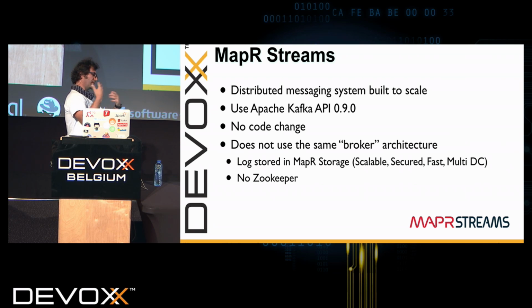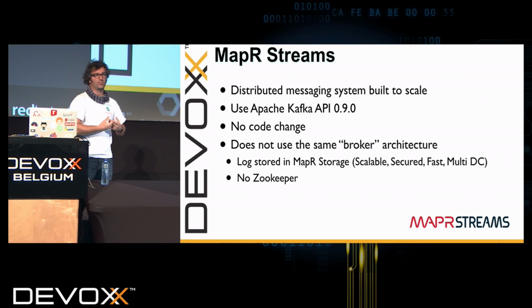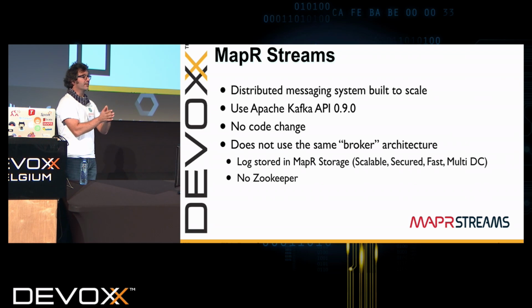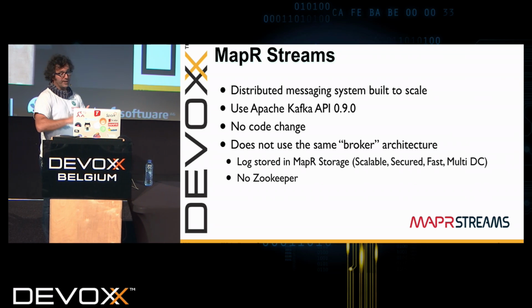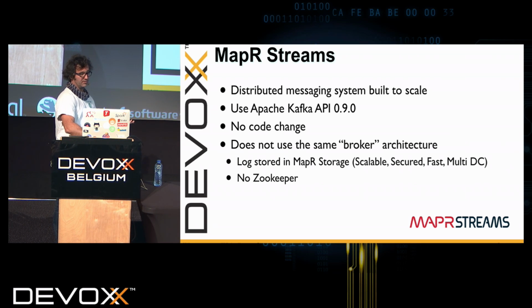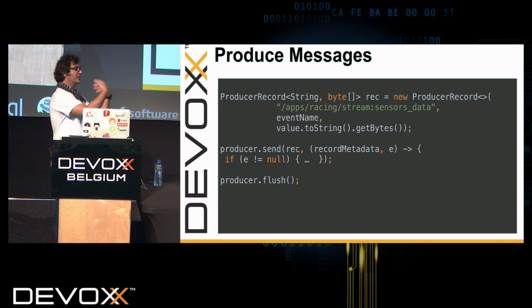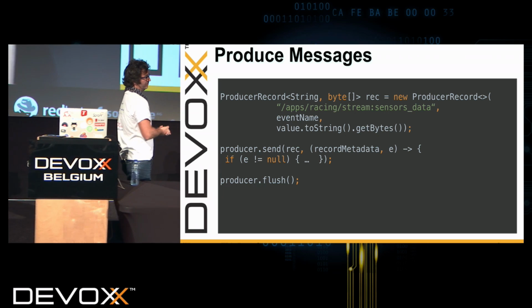So the replication and the distribution of the partitions is not done by Kafka itself, it's done by the MapR cluster. But for a developer, it's exactly the same API. You don't have to change the API, you just change the configuration and the way you address the topic, because you don't have a specific cluster to connect to.